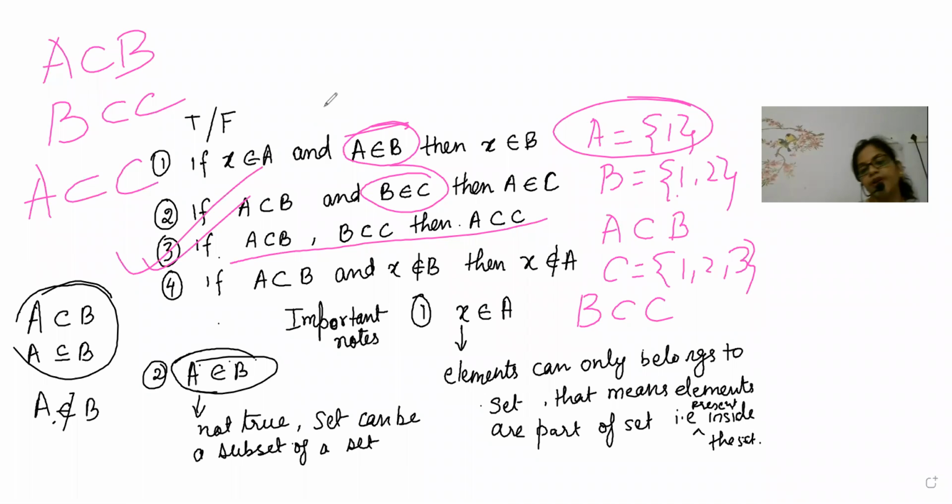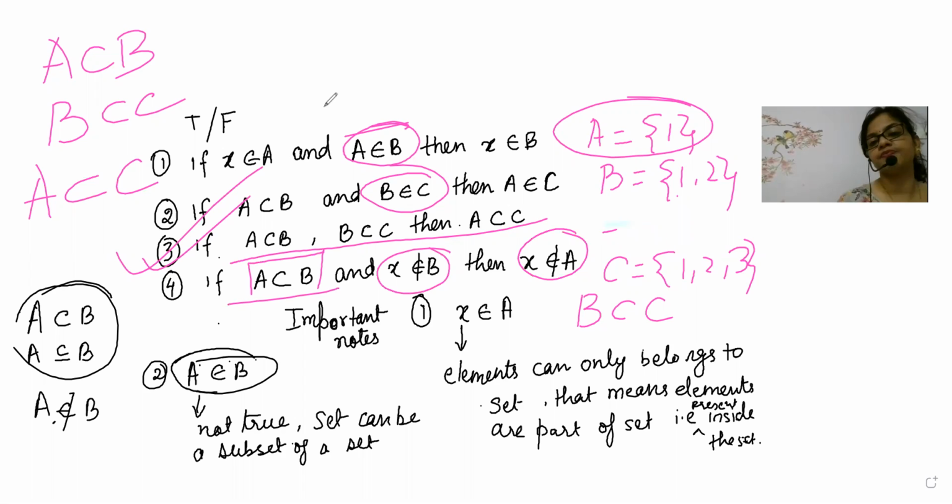Now the fourth statement. The fourth statement is again criminal. They are telling that X is an element which is not present in A and which is not present in B, and they are having a relation. How can it be possible? They are telling that A is having a relation with B, means whatever element of A is there, it is present in B. Because this is a proper case, a strict case.